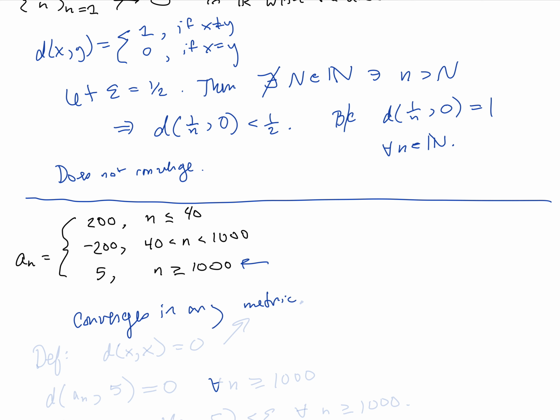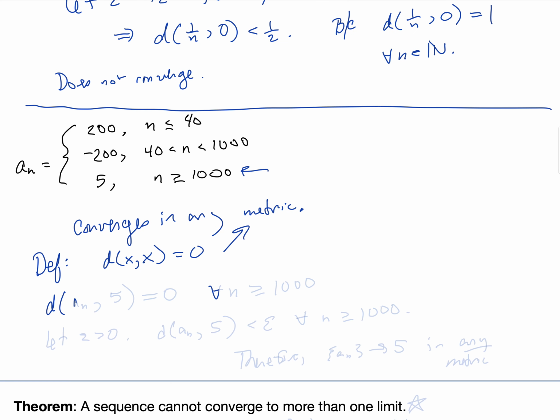Why? This sequence converges in any metric because of the way that a metric is defined. In the definition of a metric, if d is a metric, then the distance between x and itself must be equal to 0 for any point x. So this is just the definition of a metric on a space. And so that means that the distance between a_n and 5 is going to be equal to 0 for all n greater than or equal to 1,000.